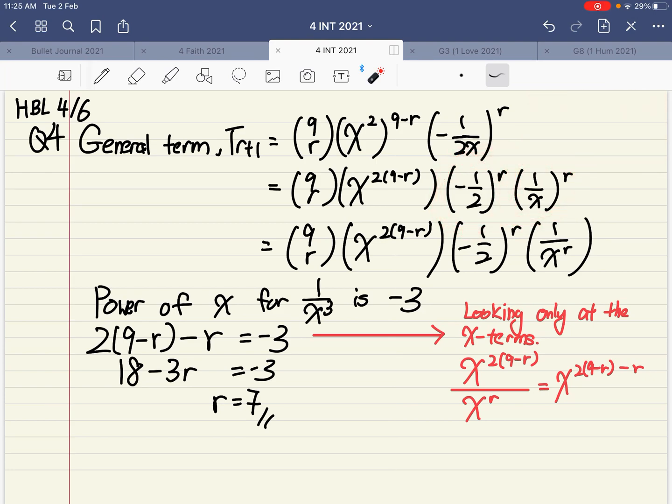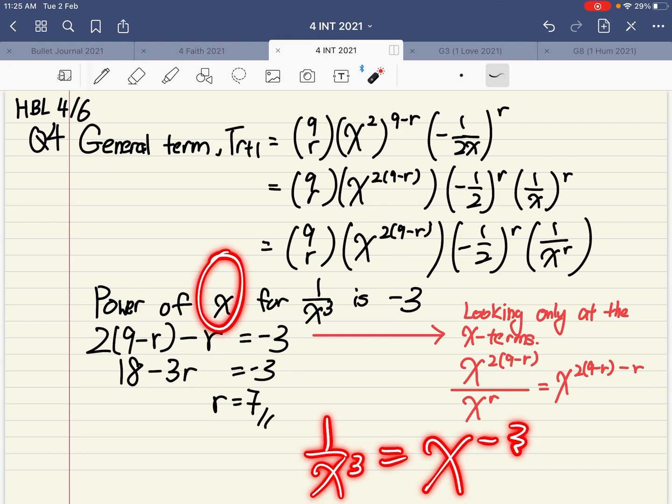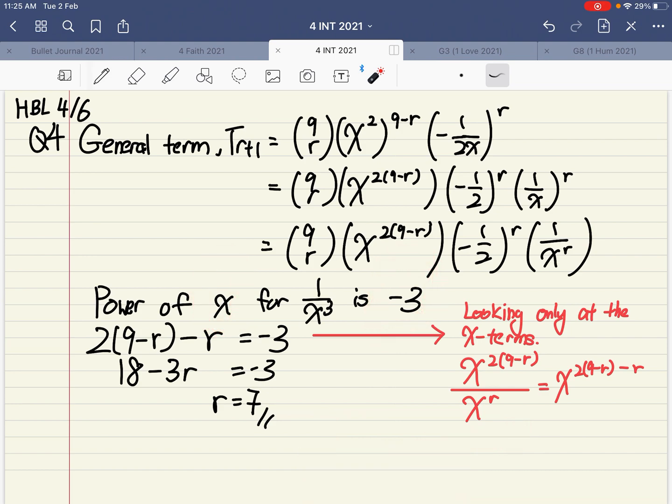Once again, in this case, if I'm looking for the power of x for 1 over x cubed, 1 over x cubed can be rewritten as x to the power of negative 3. So what I'm actually looking for essentially is the power of x is negative 3. Similar to question 3, I just look at the x terms. So this one I ignore, this ignore.